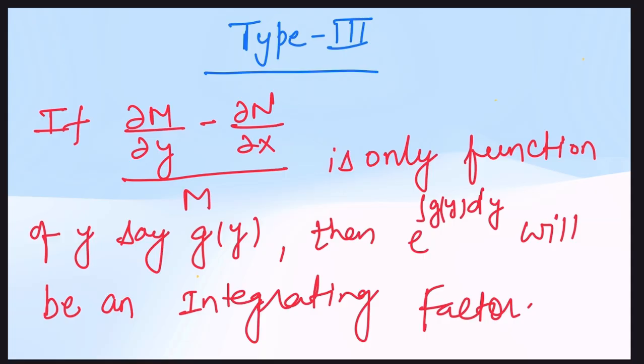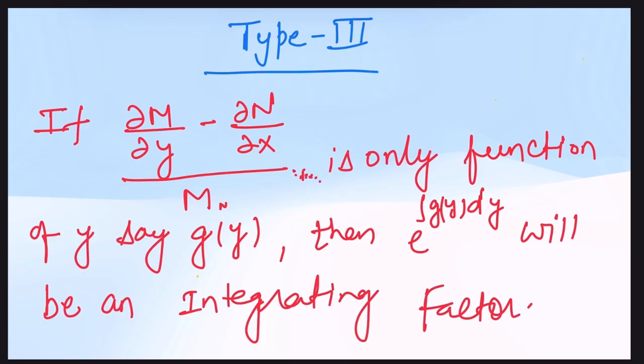Type third is similar to type second, but here the difference is that (del M upon del y minus del N upon del x) divided by M is a function of y. In type second, it was divided by N and the function was only of x.